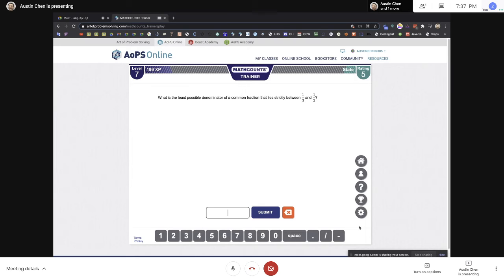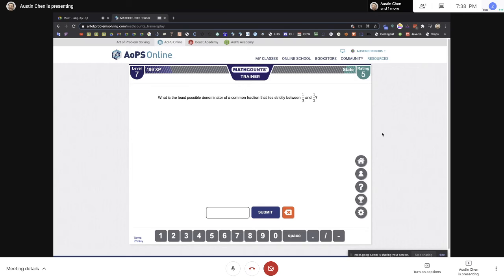What is the least possible denominator of a common fraction that lies strictly between 1/3 and 1/2? Well, it can't be 2 or 3. Yeah, 5, I think. Yeah, it would be 5, because for 4, it would have to be 1/4, which is too low, or 2/4, which is on 1/2.